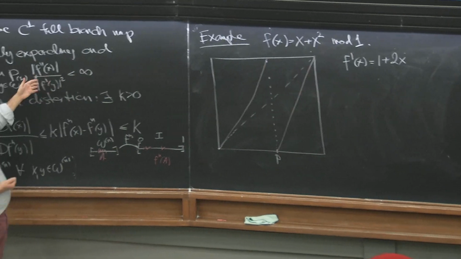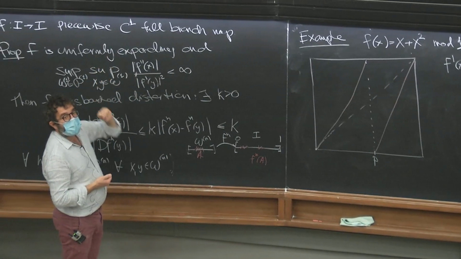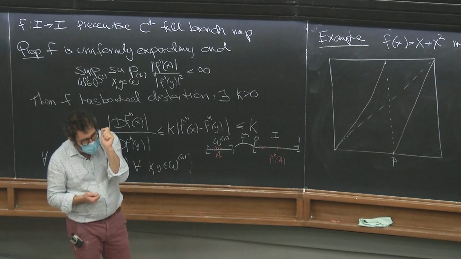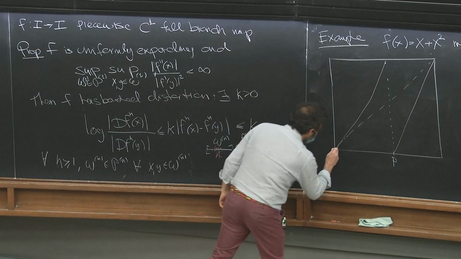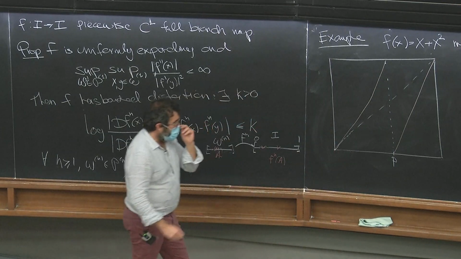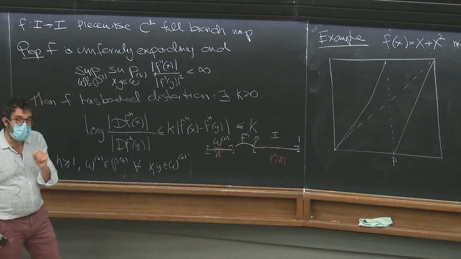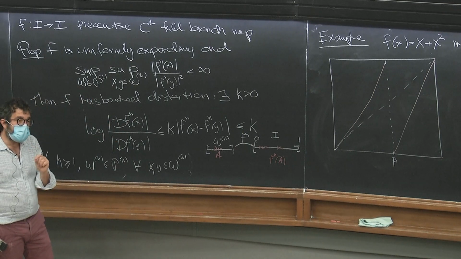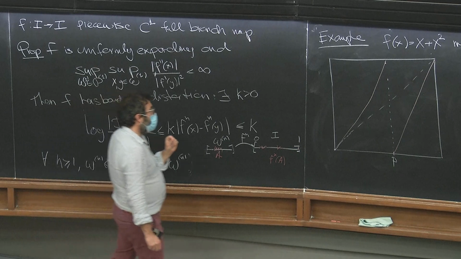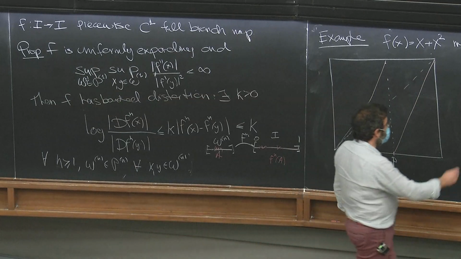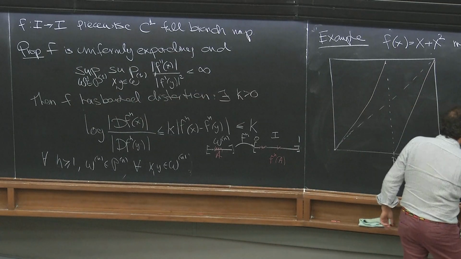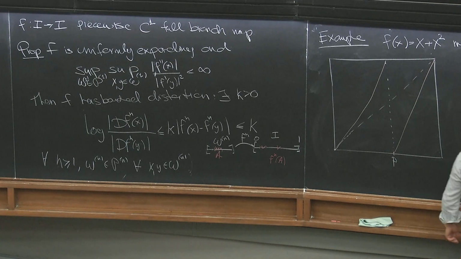But it's not uniformly expanding just because of this point here. And how can we easily see that it is not uniformly expanding? What will the nth iterate, f to the n, look like?